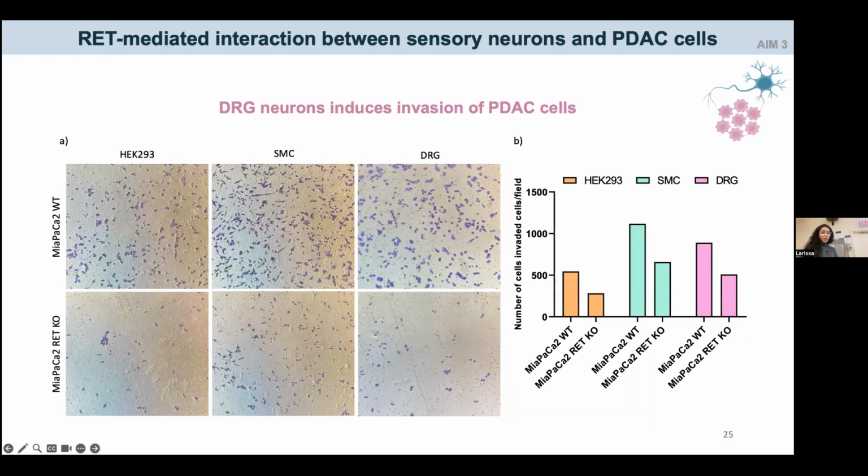To assess the ability of the PDAC cells to respond directionally to chemoattractants released by the DRG neurons, we did a transwell invasion assay.